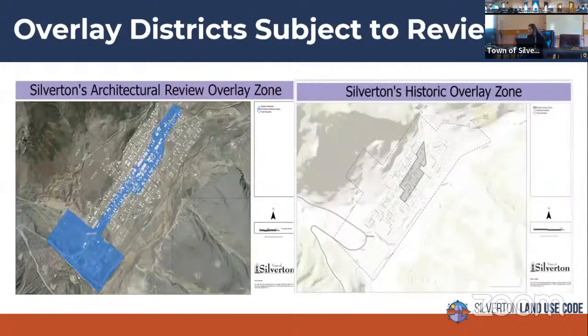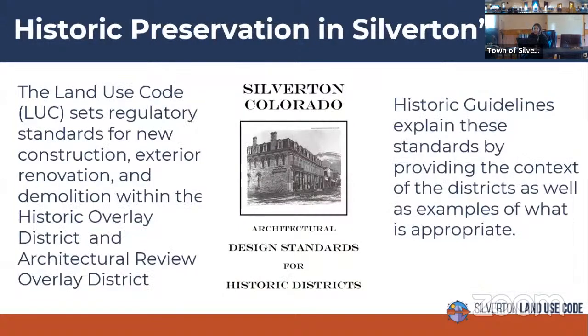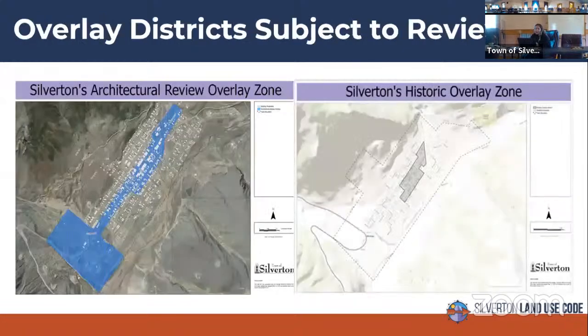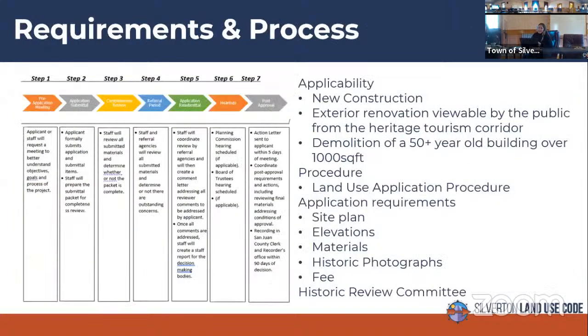So, going back here. The Land Use Code and the historic guidelines regulate development within Silverton's Architectural Review Overlay Zone, as well as Silverton's Historic Overlay Zone. So what does that mean for property owners within those zones?